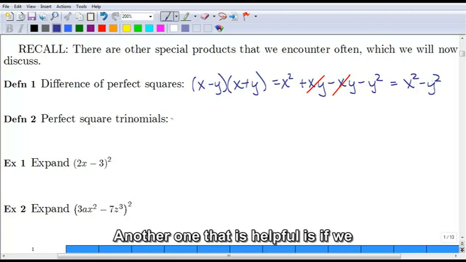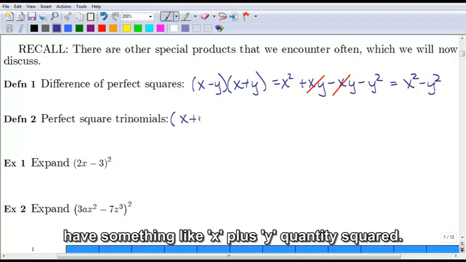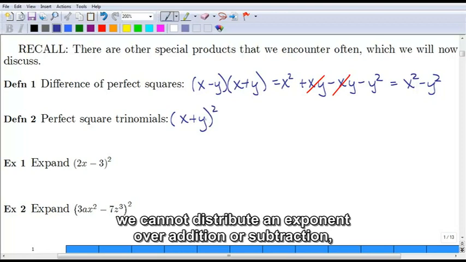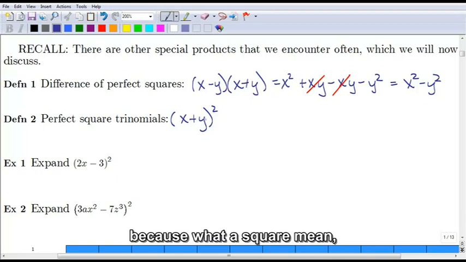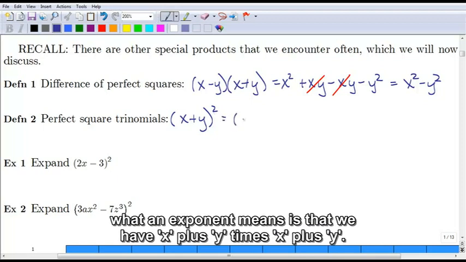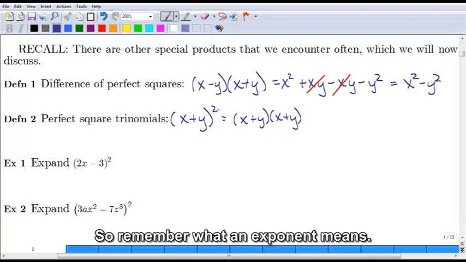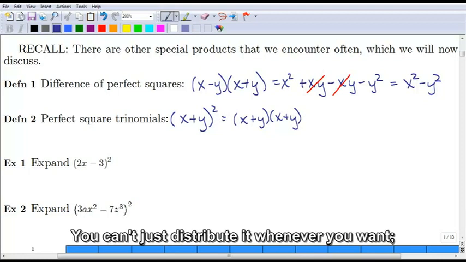Another one that is helpful is if we have something like x plus y quantity squared. Like I said, we cannot distribute an exponent over addition or subtraction, because what an exponent means is that we have x plus y times x plus y. We have that whole thing times itself, which means we need to FOIL. So remember what an exponent means. You can't just distribute it whenever you want.